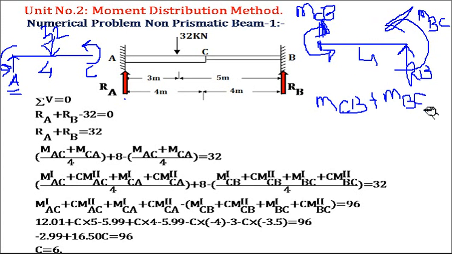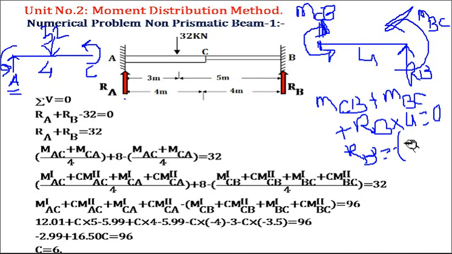This RB is also acting in anti-clockwise direction, so plus RB into 4 equal to 0. We are considering the moment at C equal to 0. So the value of RB will be equal to minus MCB plus MBC divided by 4.